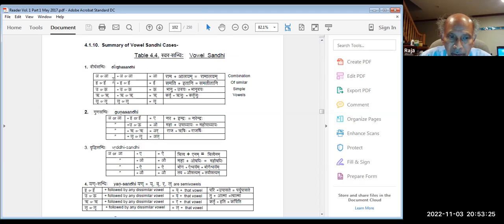A or A plus A or A, you got Dirgha. Take some examples. Rama plus Alayam, Ramalayam. I plus I or plus I, long I. Samati Itani, Samati Itani. And that you will see that in the second chapter.